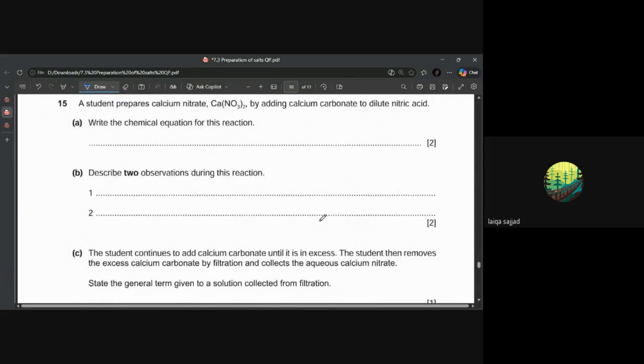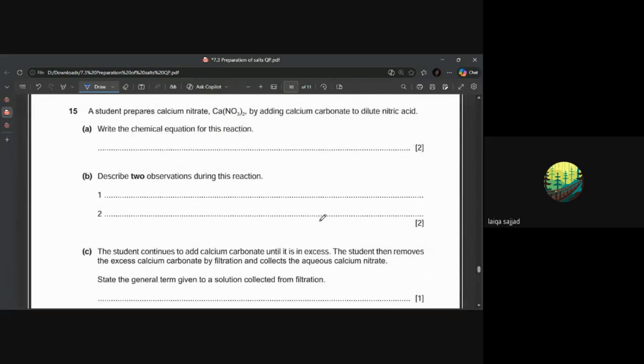Okay, then we are given a student prepares calcium nitrate by adding calcium carbonate to dilute nitric acid. Write the chemical equation for this reaction. So, what are the reactants?